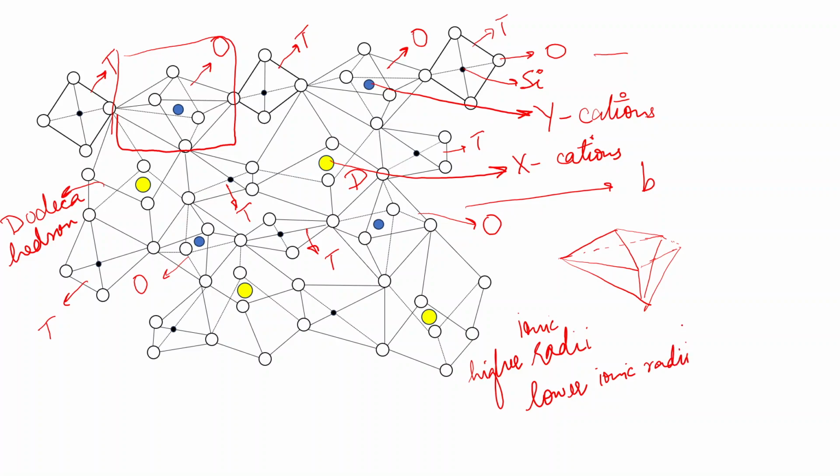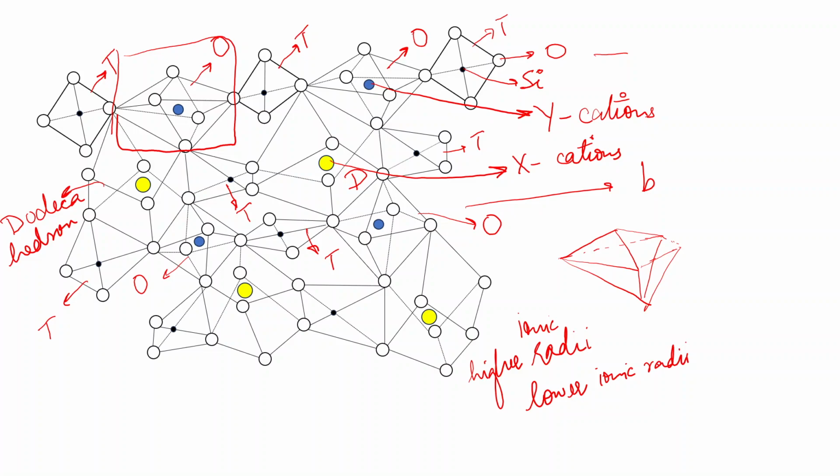Now, it is up to you to understand why these divalent cations have larger ionic radius than those trivalent cations. So now it's easier said than done.